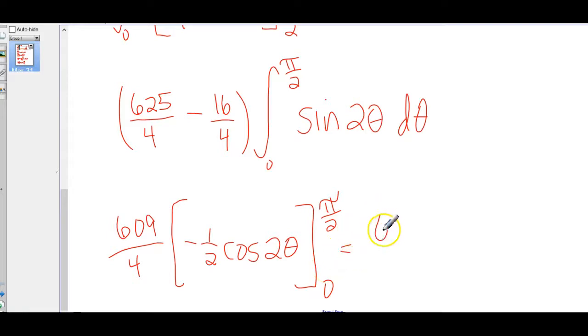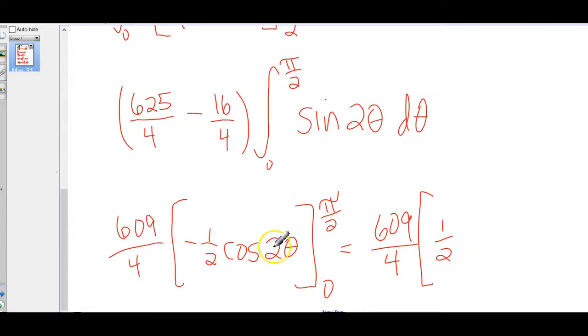Alright, so I got this 609 fourths out here times, when I plug in pi over 2, I get the cosine of 2 times pi over 2, which is the cosine of pi. Alright, the cosine of pi is negative 1, but I got a negative on the outside here, so I'd have a positive 1/2. Alright, so a negative times a negative is a positive, and then 1 times the half is a half.